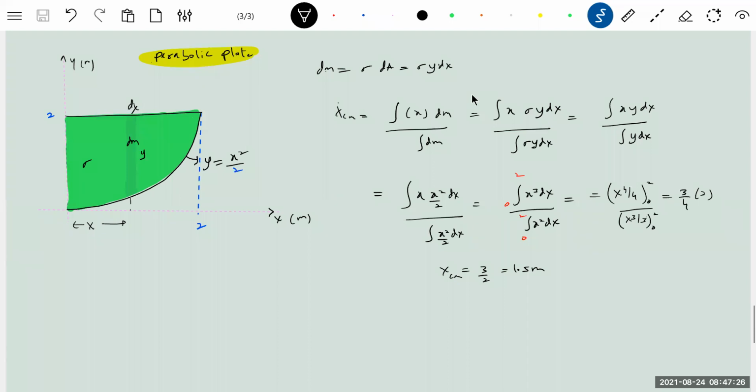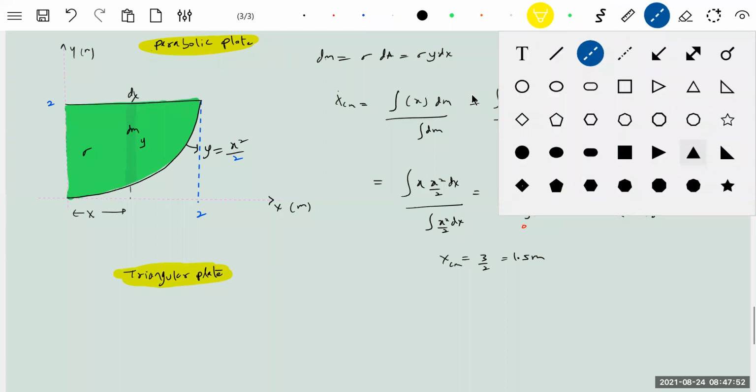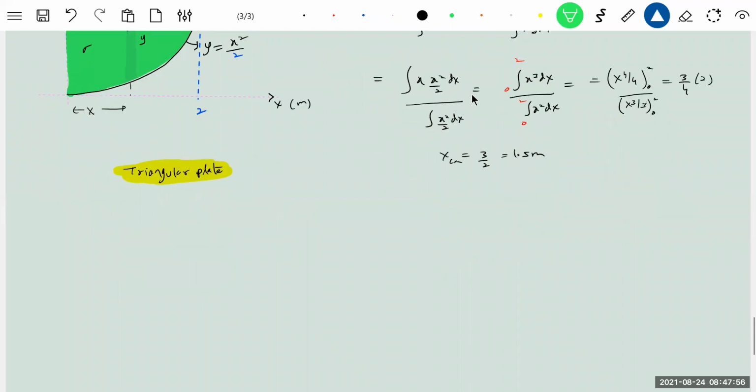Okay, make observation. We'll go for a triangular plate. I think most of you are aware of it.